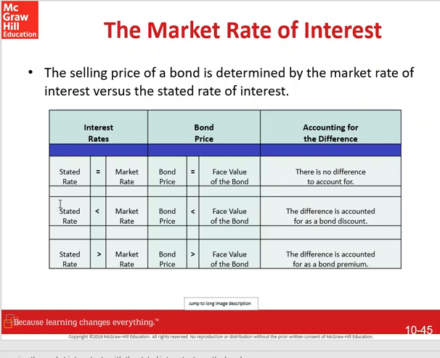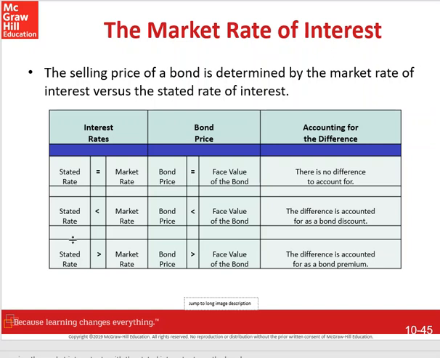However, if our stated rate of interest on our bond is less than the market rate of interest, what everybody else is offering, then we're going to have to decrease our bond price. We're going to have to issue it for less than the face value in order to entice people to want our bond. And therefore, we're going to issue it for less than face value, and that's going to create a bond discount that will need to be amortized over the life of the bond.